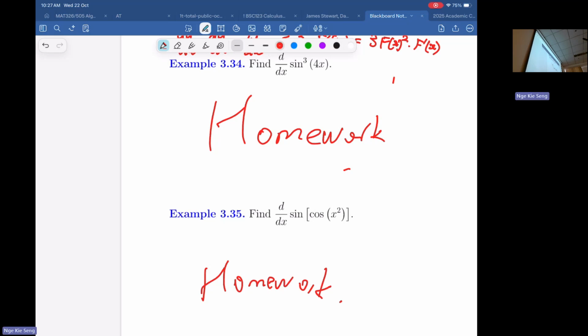What other? Can you see any basic function in this function?